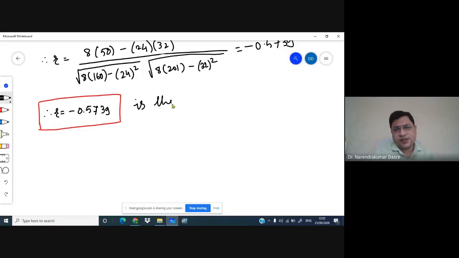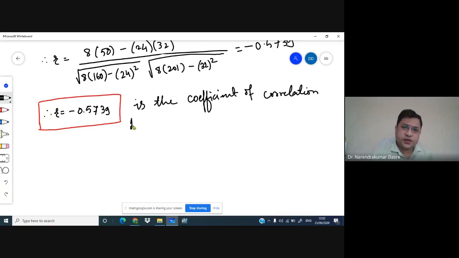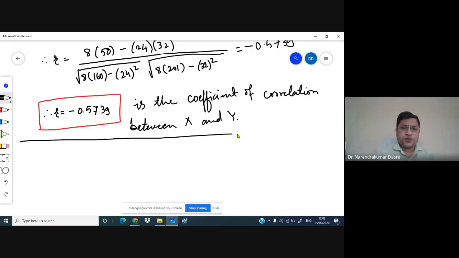So we can say this is the coefficient of correlation between x and y. That's where we are able to get the coefficient of correlation.